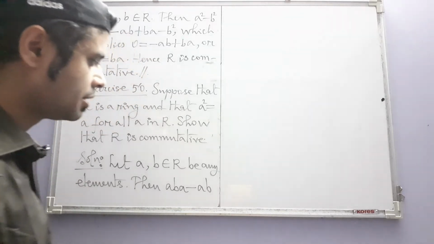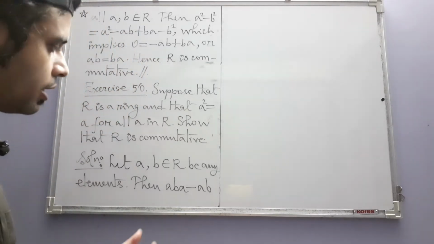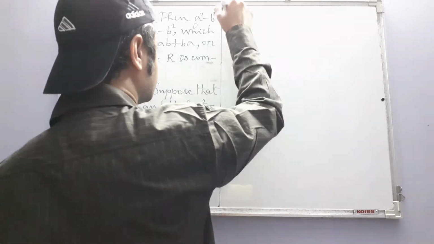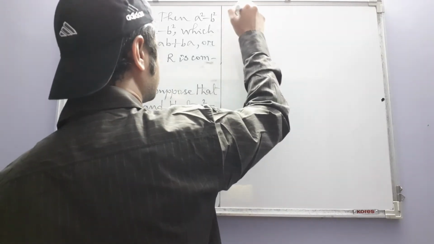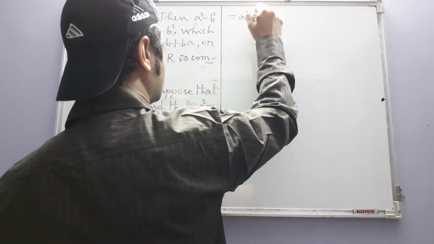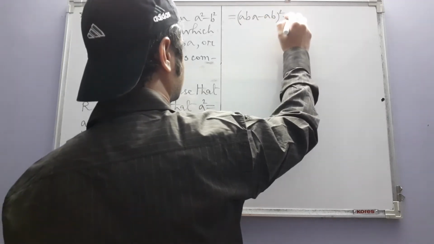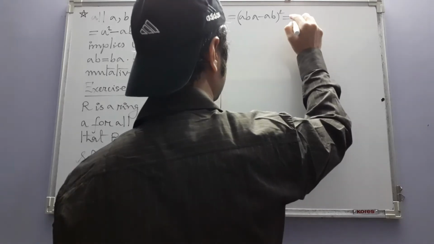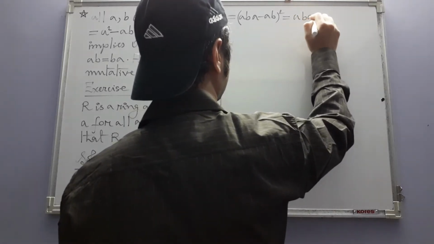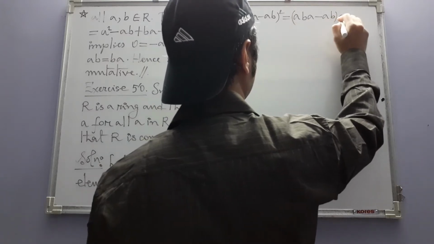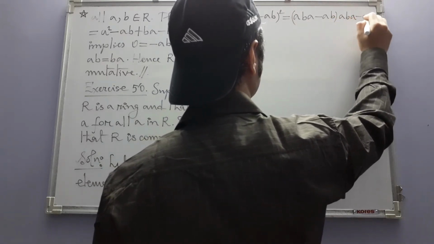Because every element in the ring is its own square, so this also would be equal to its own square. We are going to use that fact. ABA minus AB whole square, which is just ABA minus AB times ABA minus AB.